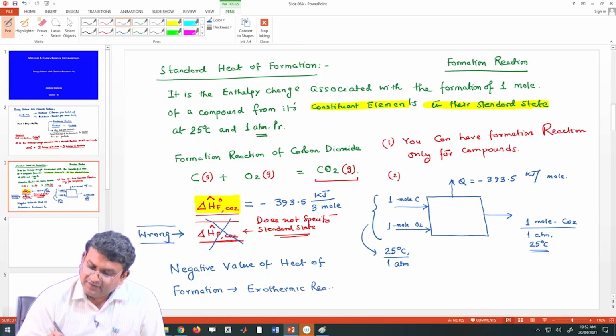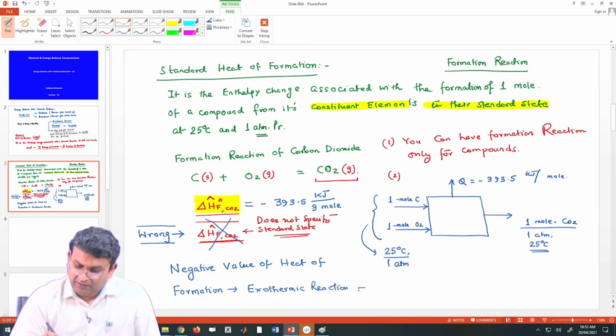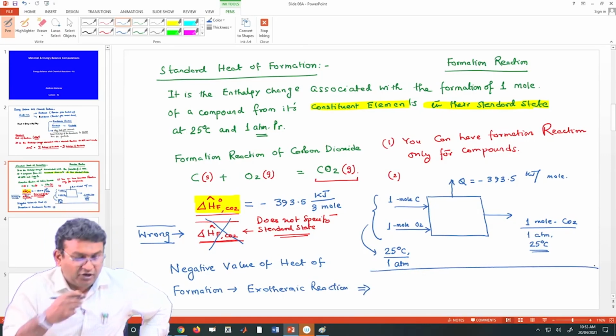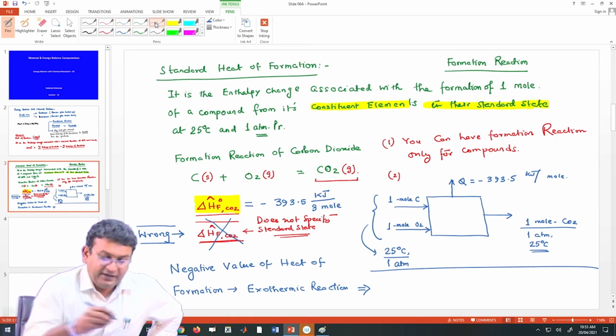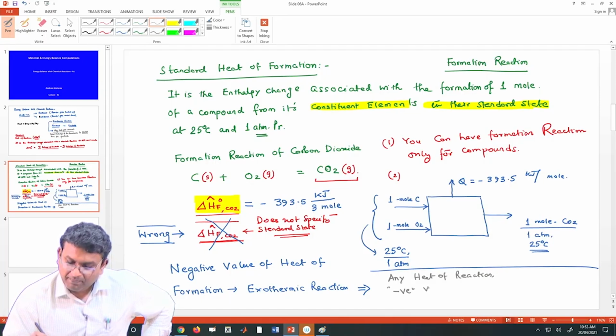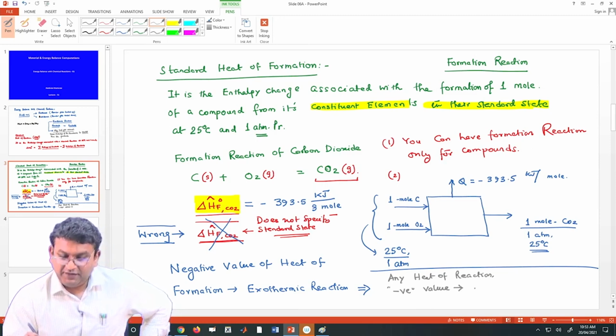In fact, this is not a convention. In fact, I must tell the full thing, we have still not discussed the heat of reaction in detail. Even for any heat of reaction, negative value means exothermic reaction.